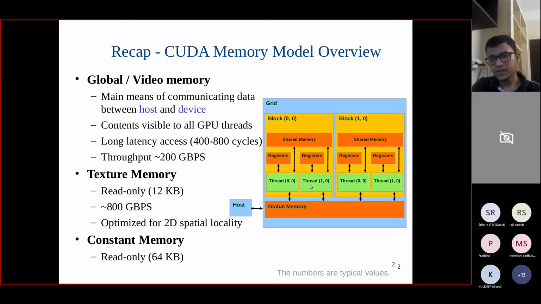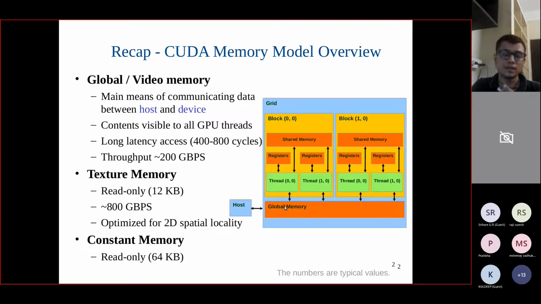Then there is a shared memory which is per block, and multiple such blocks form a grid. And then there is a global memory which is common across all the threads in the GPU, as well as across all the grids. The communication between host and device occurs through this global memory. Whatever the host wants to send to the GPU, it will first place in the global memory.